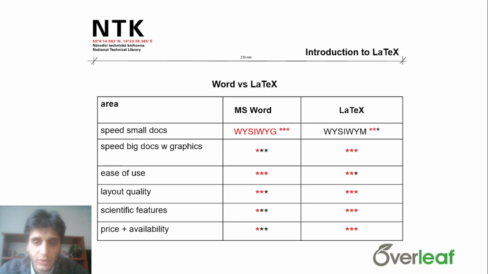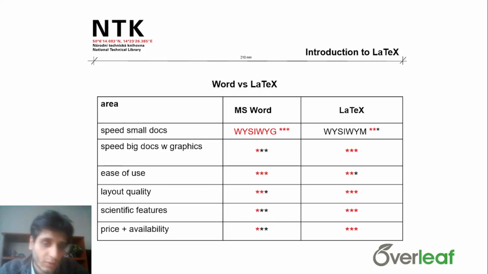When we want to create scientific documents with a nice layout, LaTeX will be the best software to depend on, especially if we need to include scientific features like a bibliography.